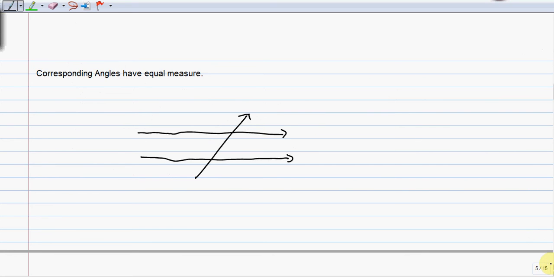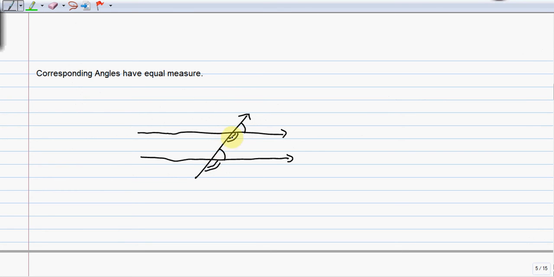Alright, corresponding angles have equal measure. Corresponding angles are angles which are, say, both on top of your parallel lines, like this, on the same side of your transversal. So these are corresponding angles. Also, these would be corresponding angles right here.